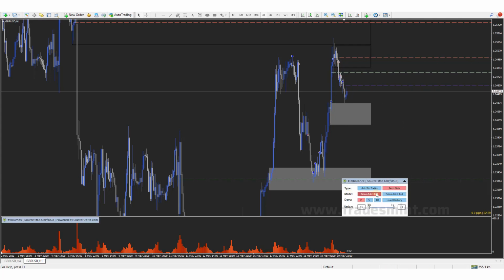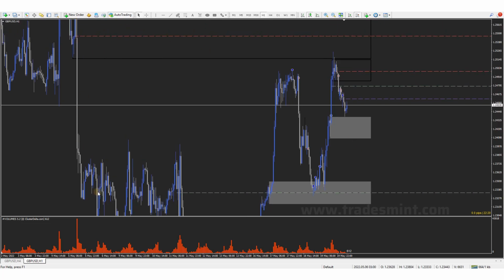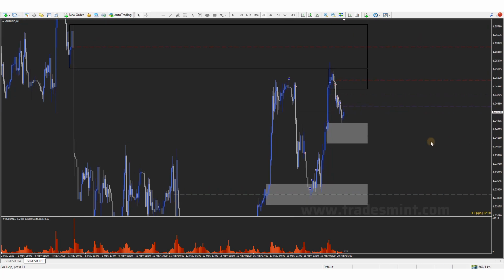I'm just checking if I have set this to 0, and yes, 2 days is enough. I'm not looking for something from the very old past. So I see here the first one in this supply close to the point of control.